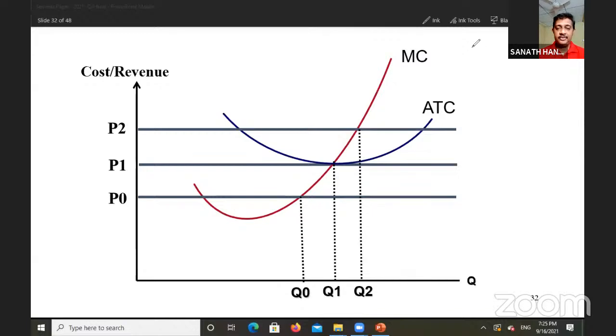But in the short run, there are normal profit, supernormal profit and loss. So in the short run, only the normal profit is efficient. It's a good question, yes.